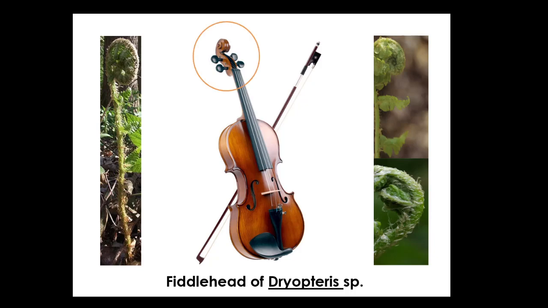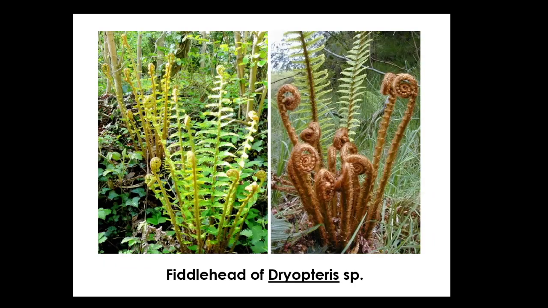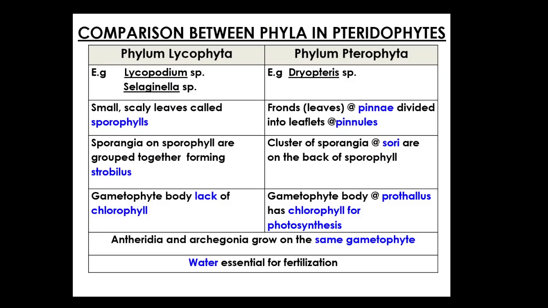And if you look at the head, that looks very similar to the ferns, don't it? Yeah. So the unfurled fronds is also called a fiddlehead because it looks like the head of a fiddle. So these are examples of more fiddleheads of Dryopteris species. They can be many colors and they look fuzzy.